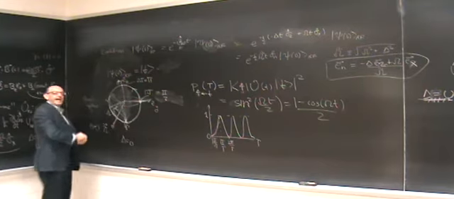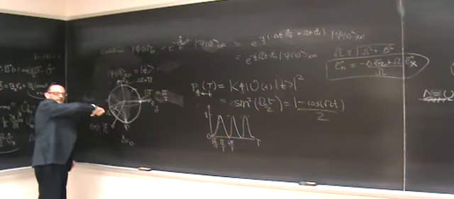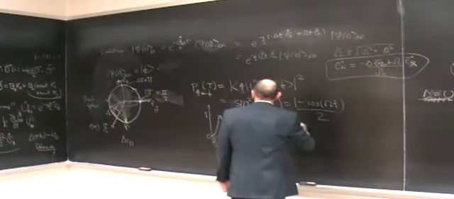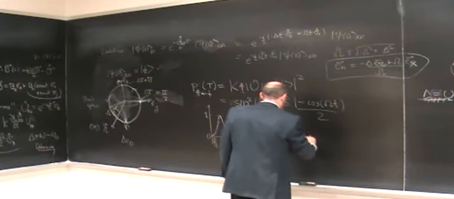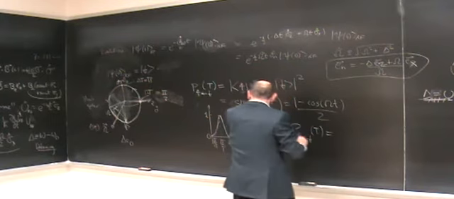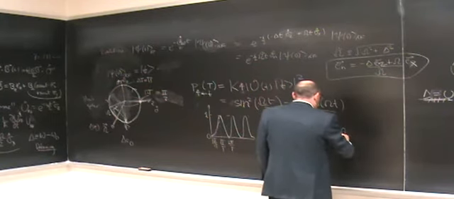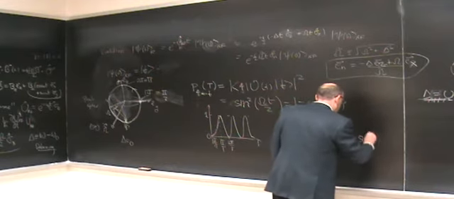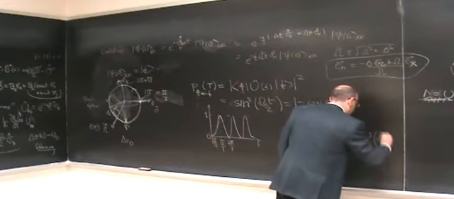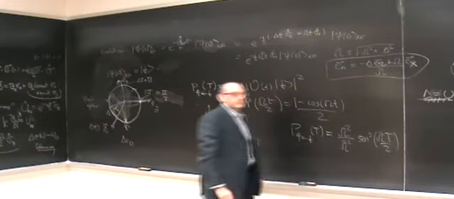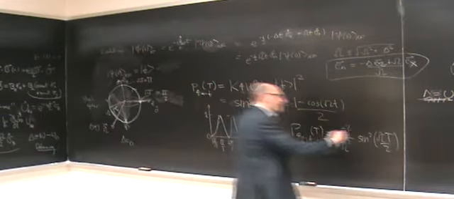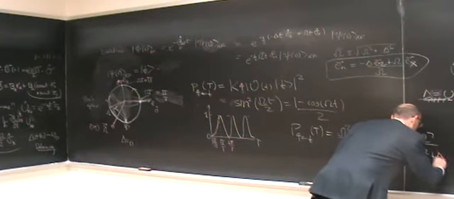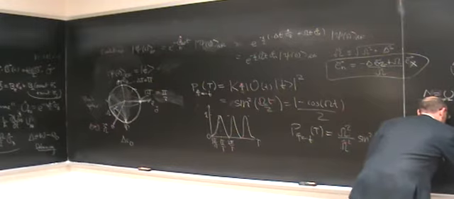So it precesses around that axis. And in that case, my probability to go from down to up as a function of time would look like omega squared over omega tilde squared sine squared omega tilde t over 2. Or omega squared over omega squared plus delta squared sine squared.